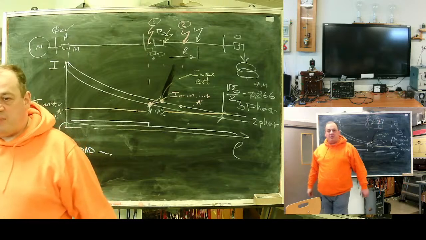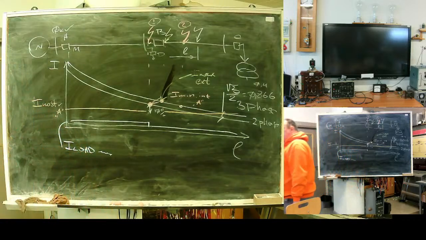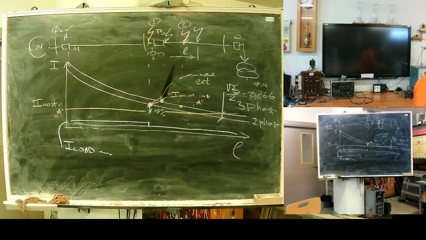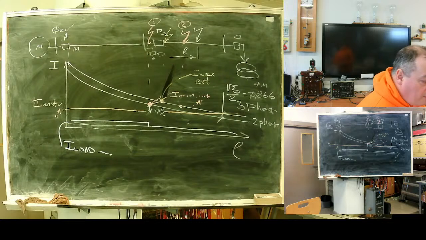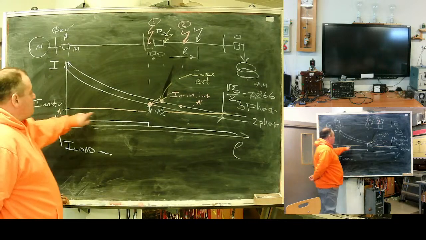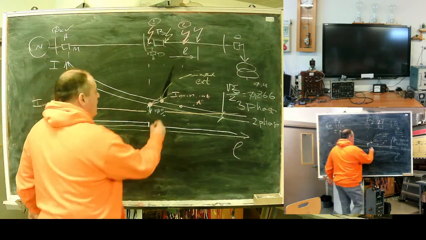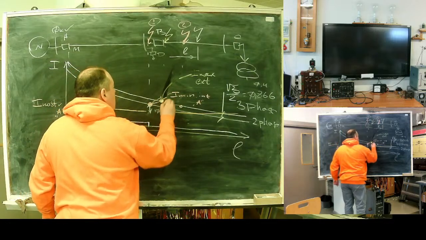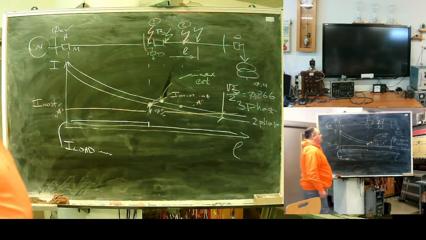What can we say about selectivity? Protection should not operate in case of maximum external current. Do you understand where I am? Here is my trip current, and here is my external current.